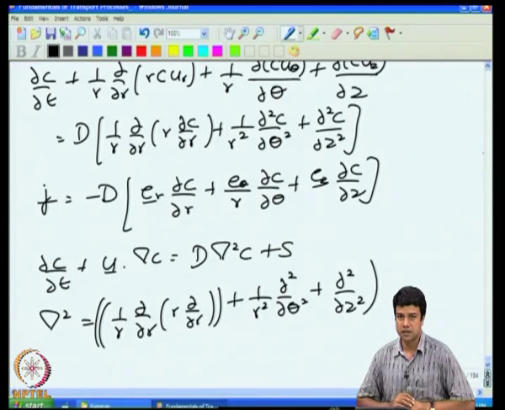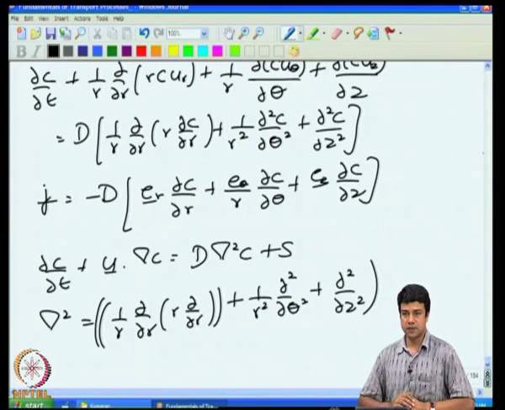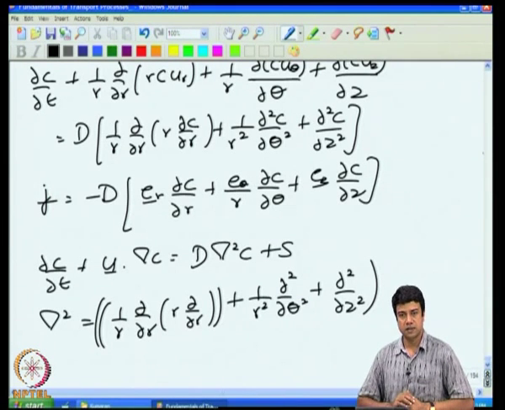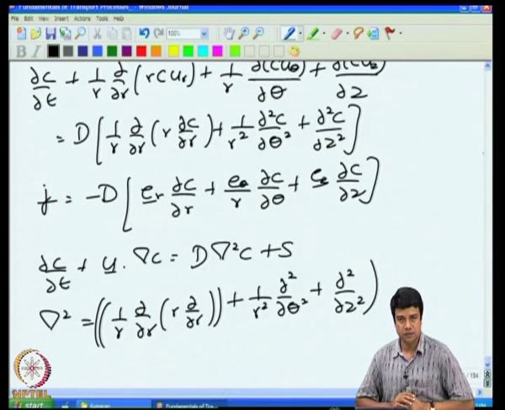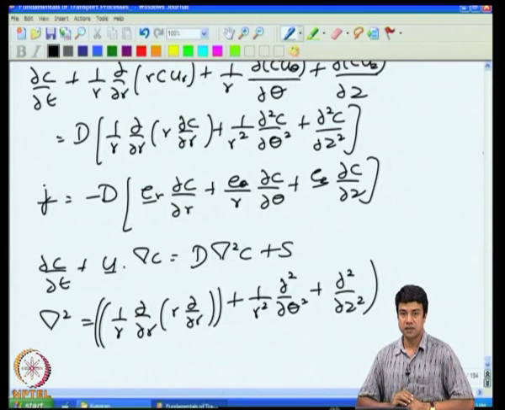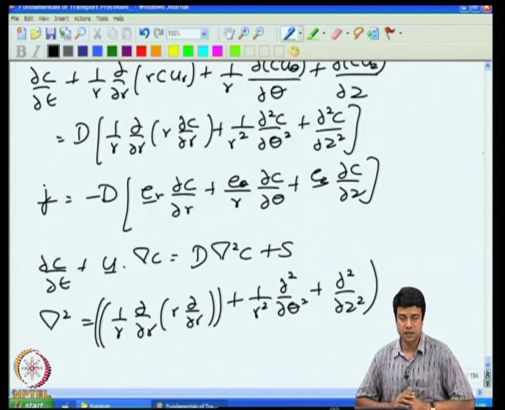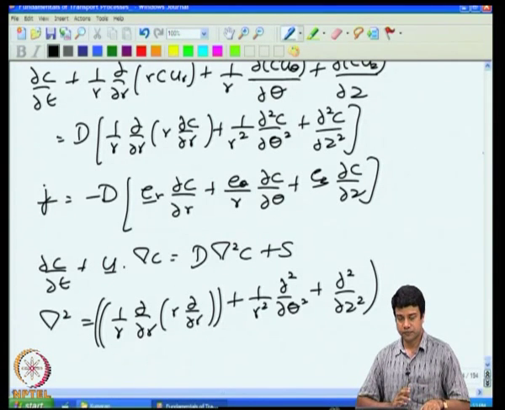No doubt these are more complicated than the simple equations that we had got for a Cartesian coordinate system. However, as we will see, they have some important physical interpretations, especially the spherical coordinate system, which gives you much deeper understanding than the equations in a Cartesian coordinate system.